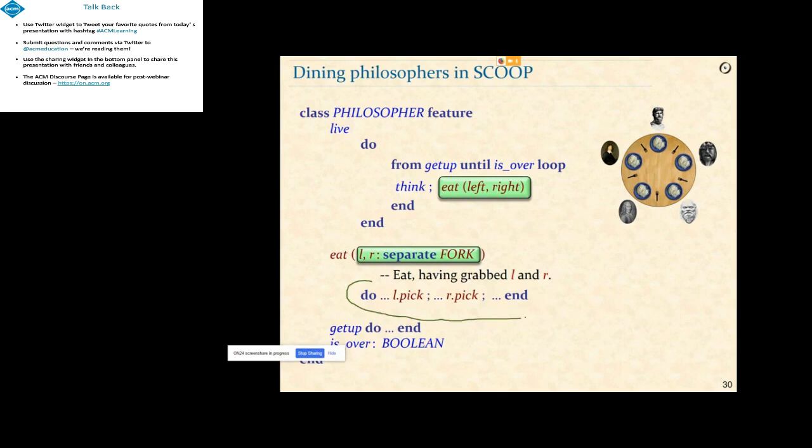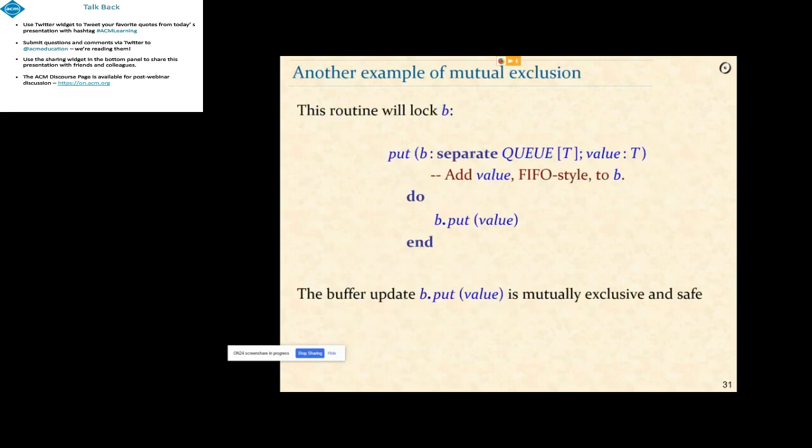Okay, pick my left fork, eat, pick my right fork, and so on. Then I have exclusive access to L and R. And of course, the implementation there is quite sophisticated. I mentioned before that it guarantees fairness. And this is the key to the simplicity of the programming of many applications with Scoop.